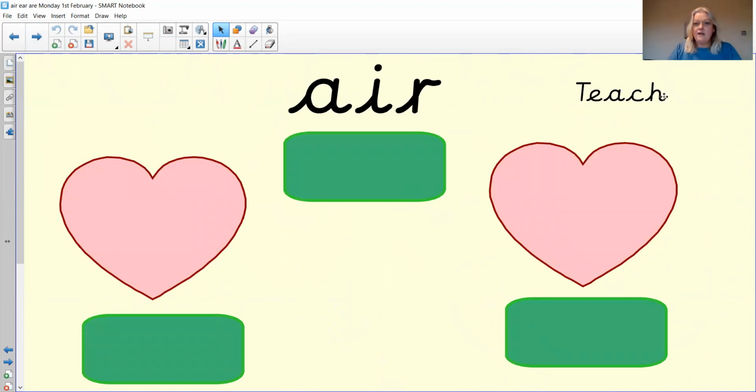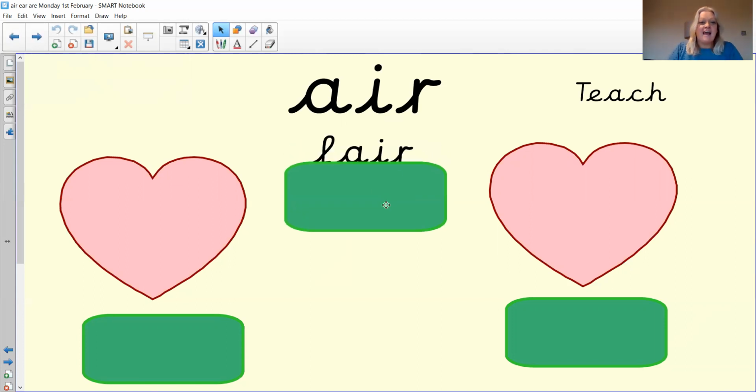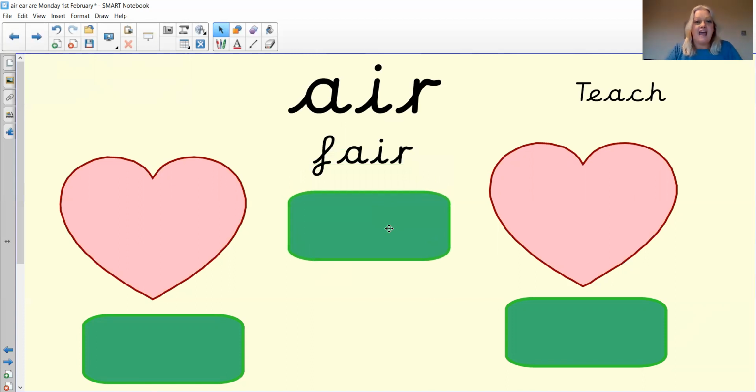Okay, so today we're going to be looking at another trigraph. Do you remember, three letter shapes? Three letters make one sound, trigraph. Air, that's right, air, as in air, fair. So let's see what's underneath the hearts today, because is that not the only way of doing air?